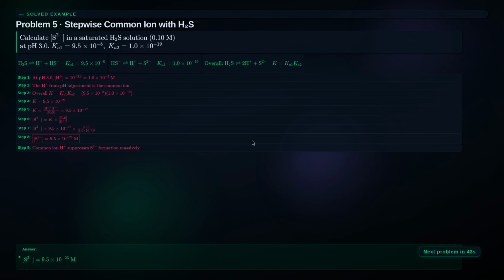S2- equals K times H2S divided by [H+] squared. Step 5. S2- equals 9.5 times 10 to the negative 27 times 0.10 divided by (1.0 times 10 to the negative 3) squared. The answer: S2- concentration equals 9.5 times 10 to the negative 23 molar. The common ion H+ massively suppresses S2- formation.